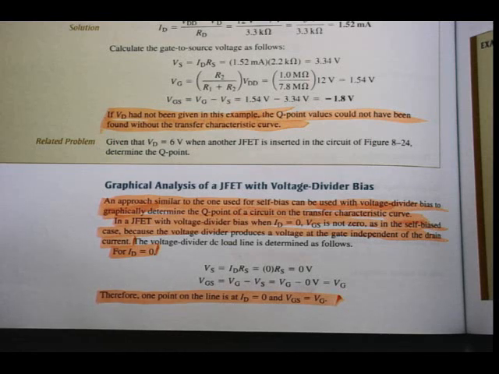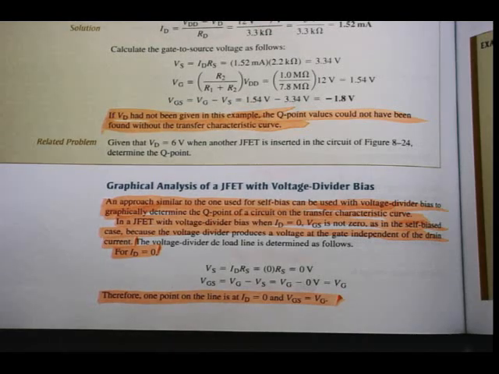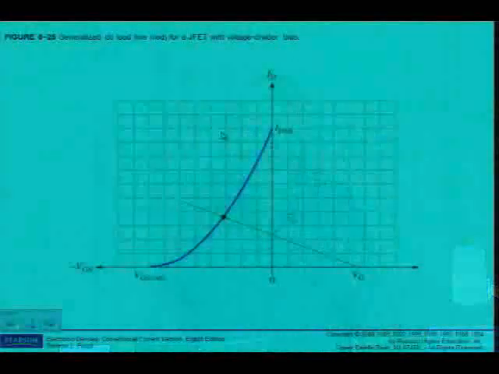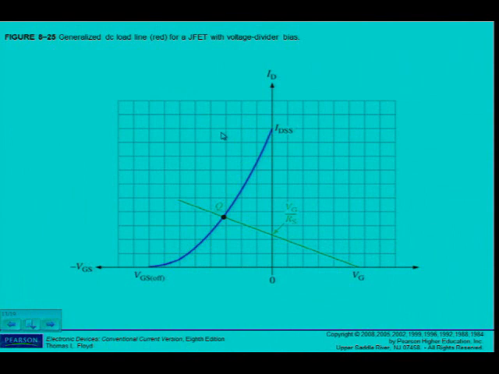Please underline that. Remember, with the self biasing, when ID was equal to 0, VGS was also equal to 0, and my load line's first point, the point of origin, started at 0. And I can see in the case of the voltage divider bias JFET, that is not the case.